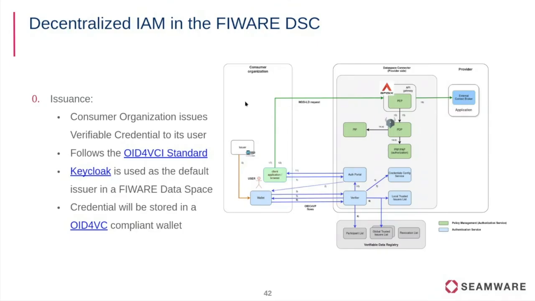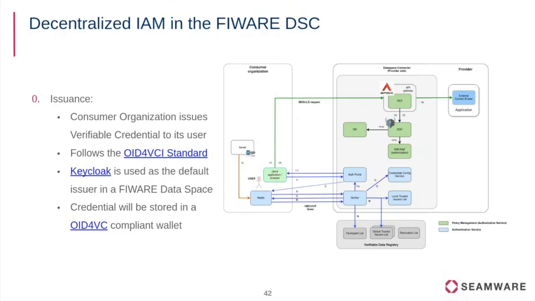So it needs something where it can define, okay, user A should get a credential. This needs to implement the OpenID for Verifiable Credential Issuance standard, because then we can get it into a compliant wallet. And in order to do so, we recommend and deploy as a default in most FIWARE data spaces for the consumer organization a Keycloak. Keycloak is a well-established identity access management system, and it also supports the OpenID for Verifiable Credential Issuance protocol, so that we can just use it to get credentials into our wallets.